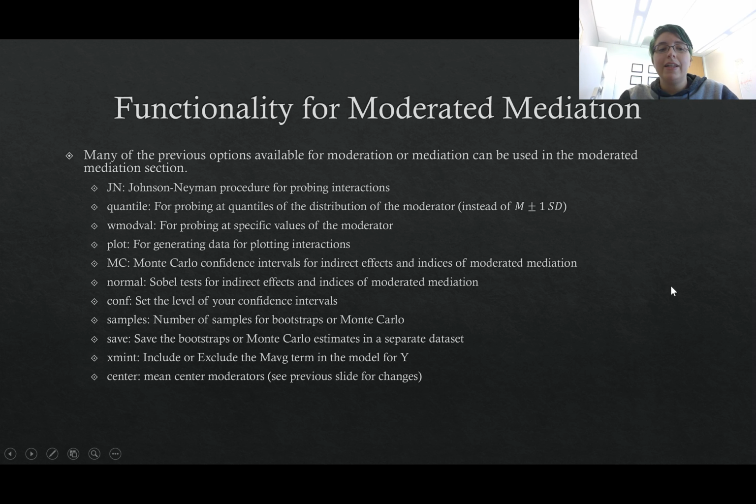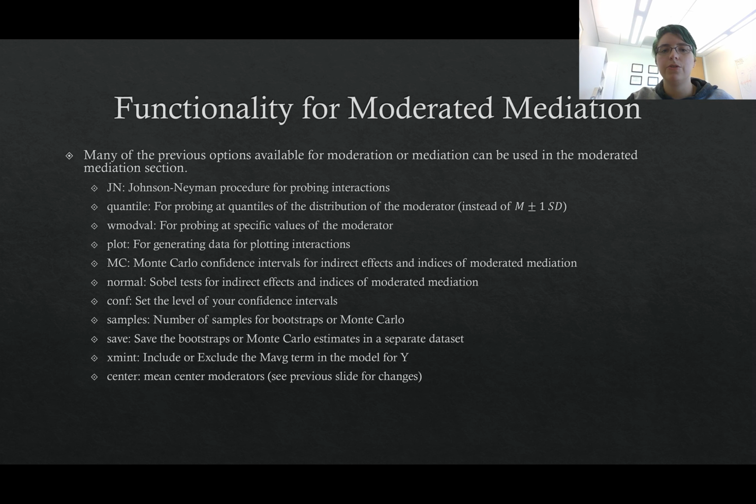So there's a variety of functionality for moderated mediation built in. A lot of what I've done is incorporated old functions that were available for mediation or for moderation and made sure that they work for the new moderated mediation sections. So for example, the Johnson-Neyman technique is available for any of the conditional effects that are in the model.